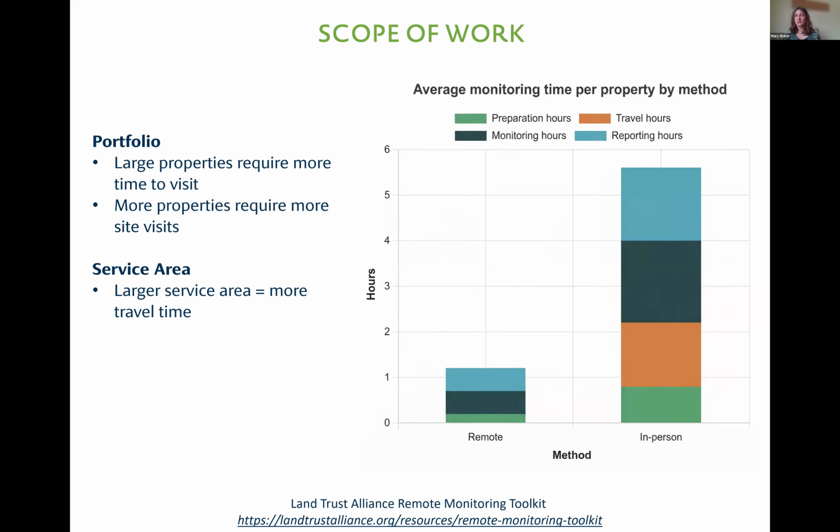Connecticut is a bit unique in that our parcels are much smaller. So for you, you might not find that in-person monitoring takes 5.5 hours. But I would say that it certainly does take more time to go in person than to monitor a property on the ground.